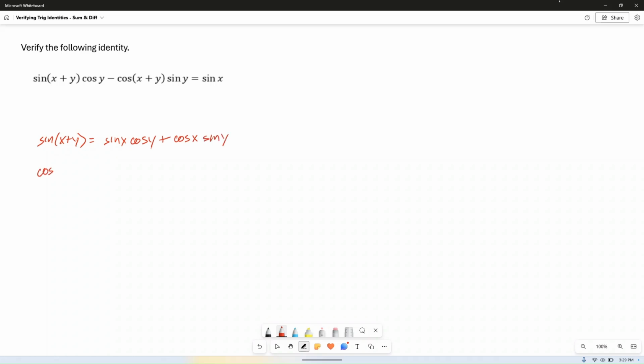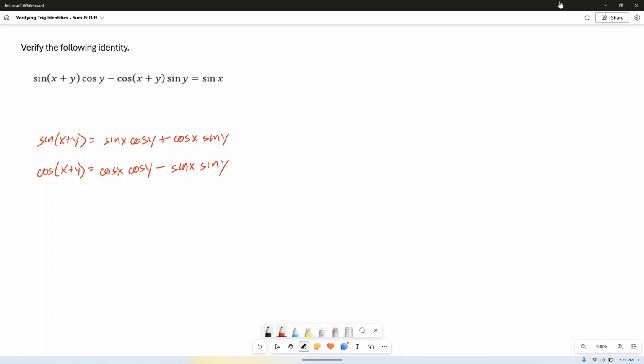And we know that cosine of x plus y is going to equal the cosine of x, the cosine of y, minus the sine of x, sine of y. So those are the identities that we can use here.